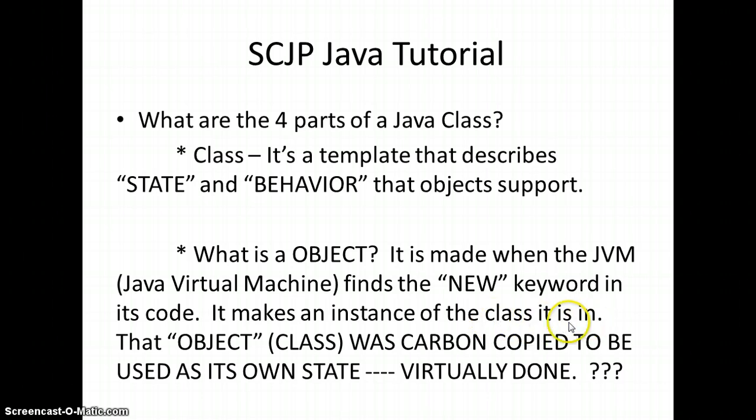That object was basically carbon copied from the class to be used as its own state. When you make your class and hit the run method, it basically makes a copy of that in memory, and then you can use that. The only way to access it is via the new keyword or a few other tricks Java does here, but we'll get into that when we see some code.